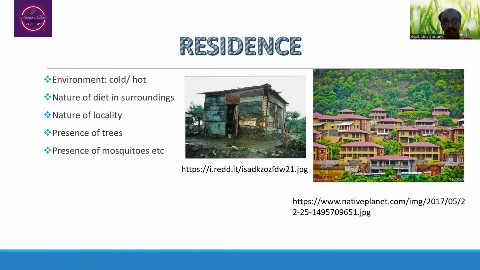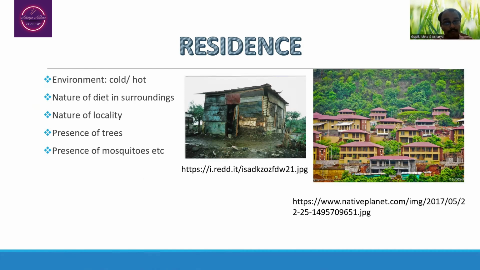And regarding the presence of trees, if the left image shows the presence of trees, in the sense there may be a possibility of a cold environment. Or otherwise, there may be a possibility of a breeding place for mosquitoes. That means mosquito-borne infections may be possible in that particular locality.